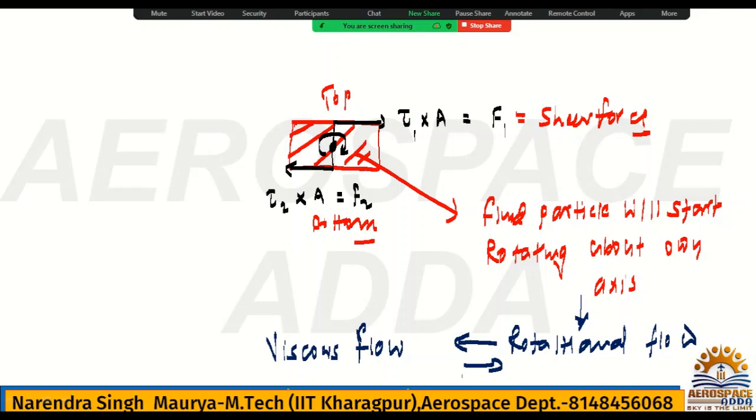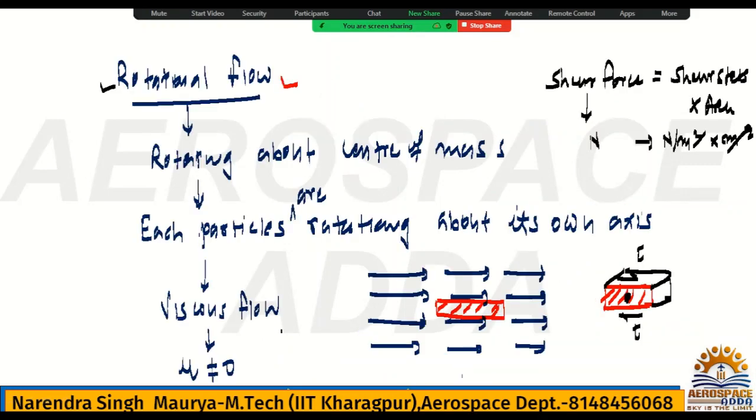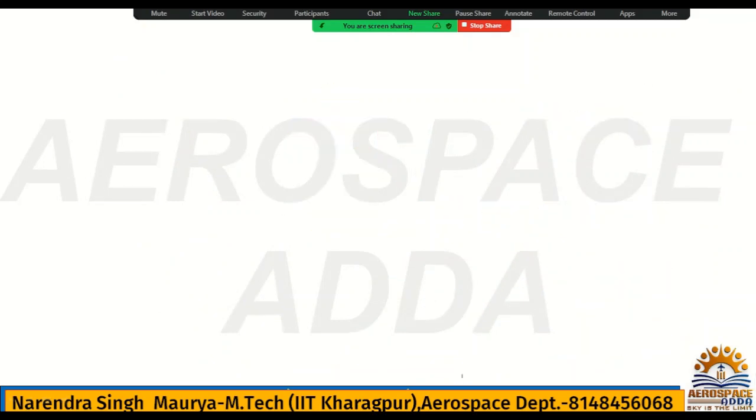Hope you understood. Because in viscous flow only you will have shear stress, and if you have shear stress, then shear force will be there, and force into perpendicular distance will give moment about the axis. That's the rotational flow.